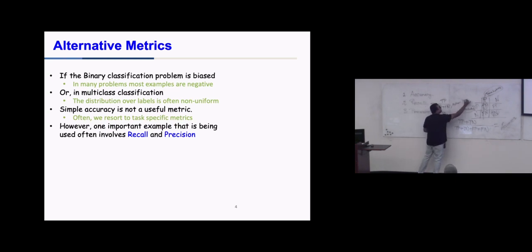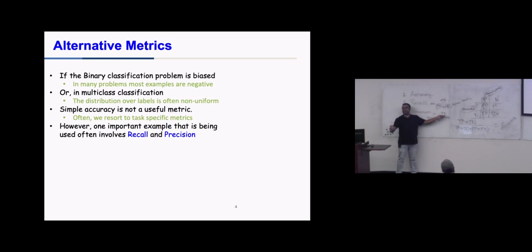Actual positive is recall, predicted positive is precision. And what is predicted positive? True positive plus false positive. This is all the times the model is saying it's positive. And out of that, this is the number of times the true label is actually positive.